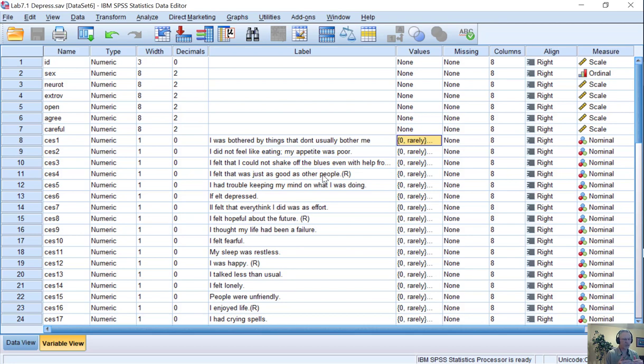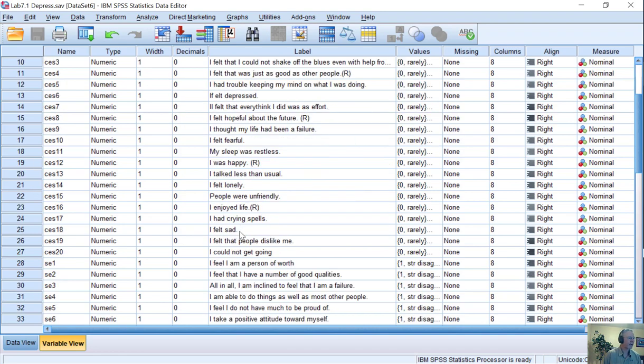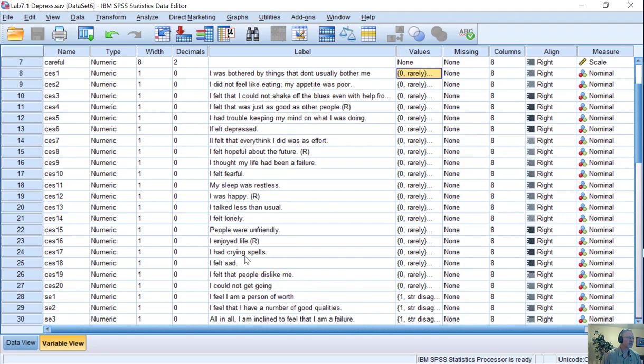So I want to change that 3 into a 0 by virtue of recoding it. And I've already done that. So these items can simply be added up. Okay, you'll notice that there's 1, 2, 3, 4 items in that measure of 20 that was recoded.